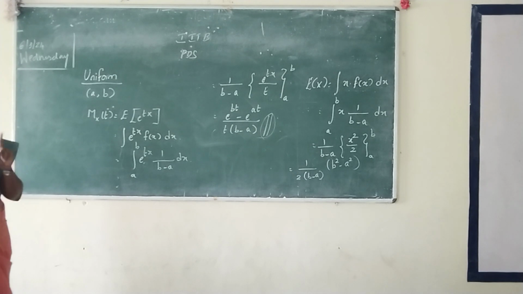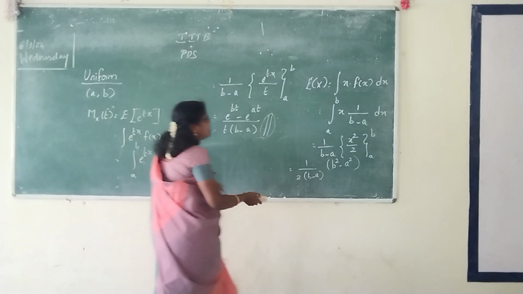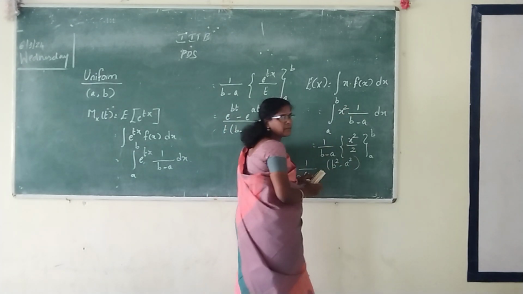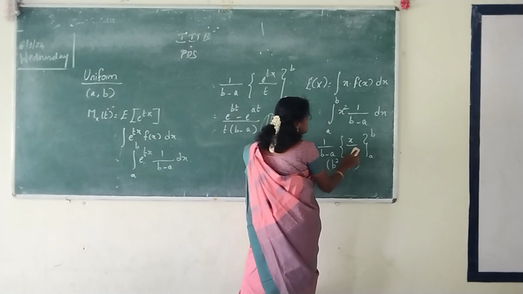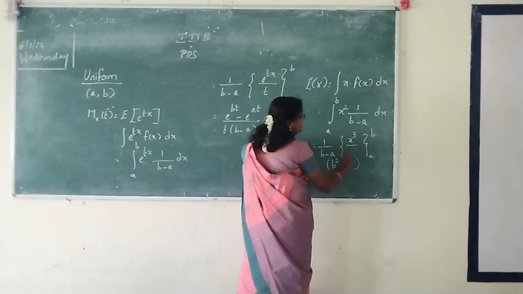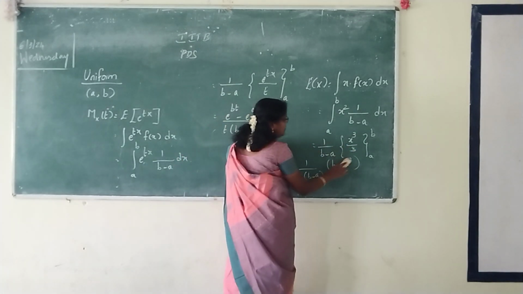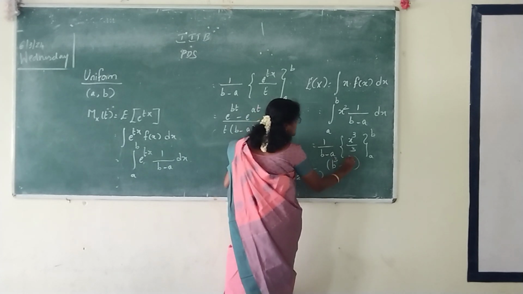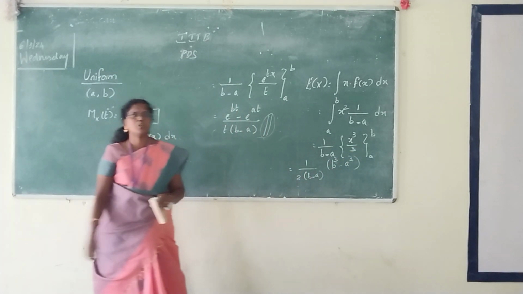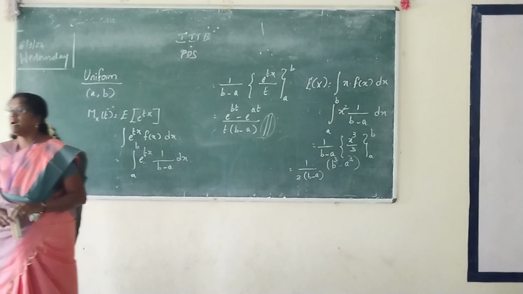Next, similarly you can find mu2 dash. If you solve mu2 dash, you will get the integral of x square, which gives x cube by 3. Then here you will get 1 by 3 into b minus a, b cube minus a cube. To simplify this, we make use of the formula a cube minus b cube.